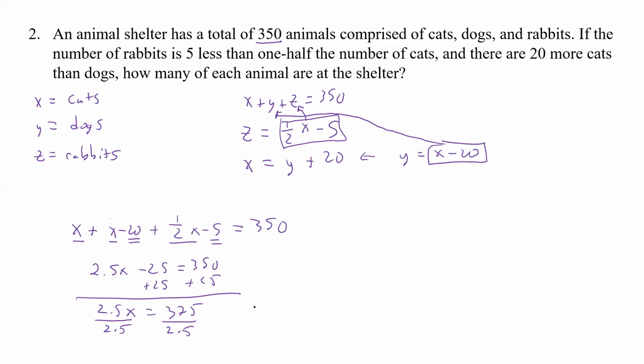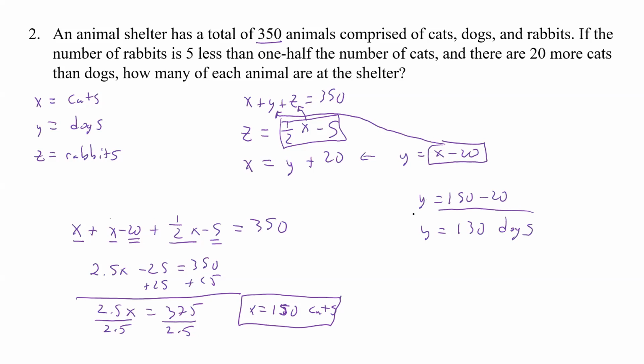So x equals 150, and x is cats. So 150 cats. Now, if we know that many cats, we can say y is 150 minus 20, or y equals 130, and y is dogs. And then we can say, well, 130 plus 150, that's 280.